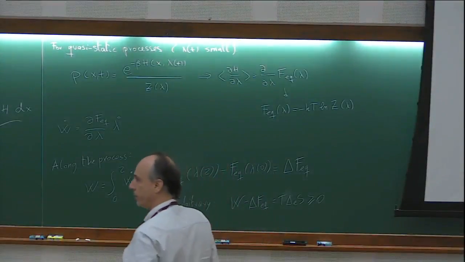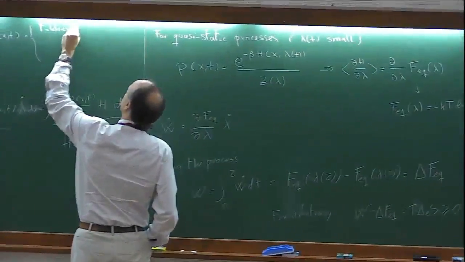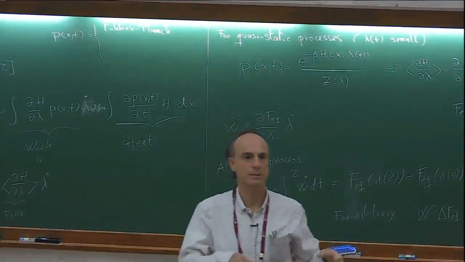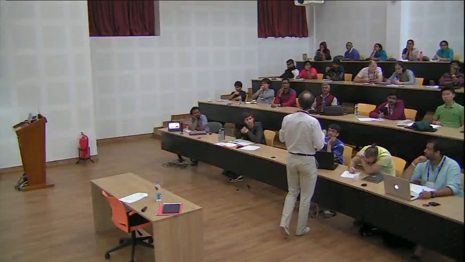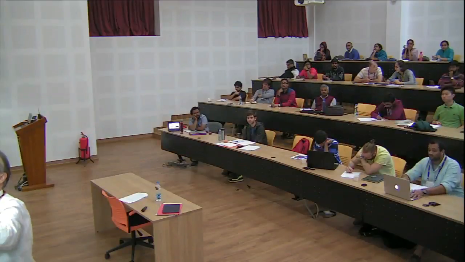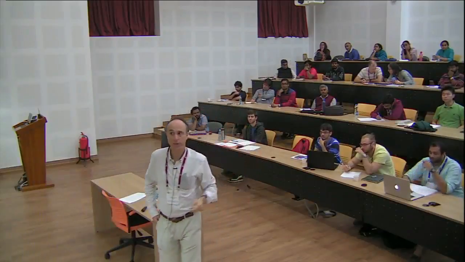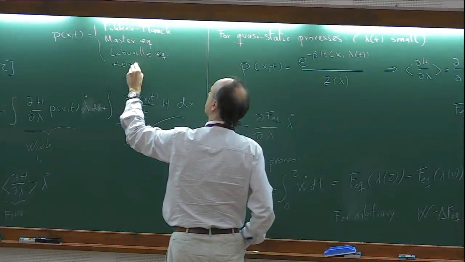For instance, for a Brownian particle, this will be a Fokker-Planck equation. If I have a chemical system and x is discrete, or a quantum mechanical system with x discrete, and I have jumps between the states, this could be a master equation or Pauli equation. And for an isolated system, this could be a Liouville equation, or the Heisenberg equation in the case of quantum mechanics.